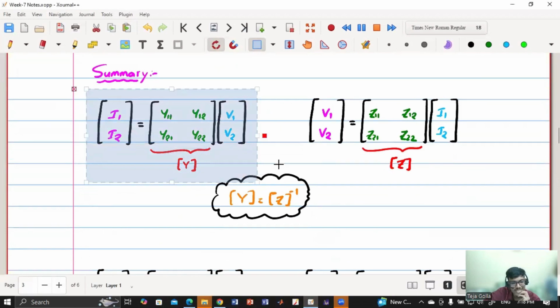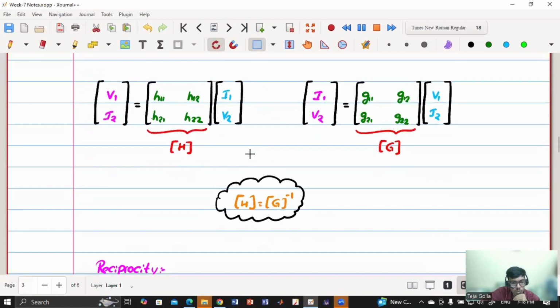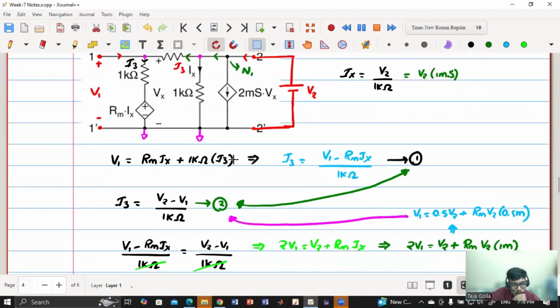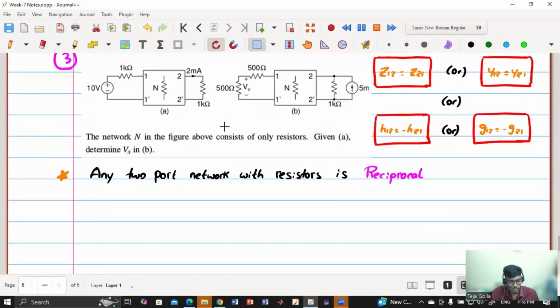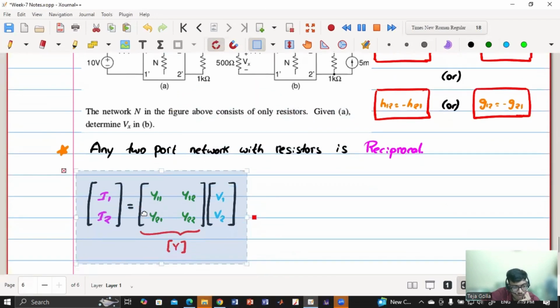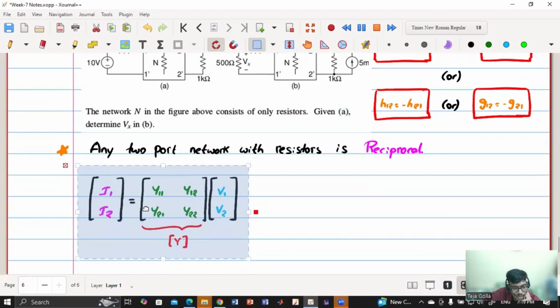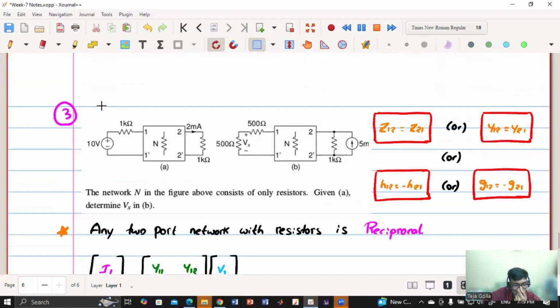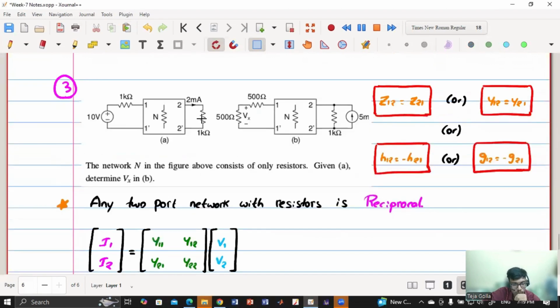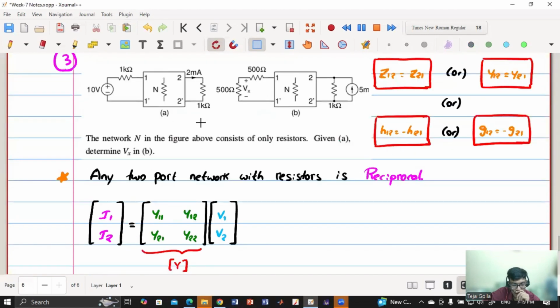In Y parameters, current is the output and voltage is the input, right? So maybe we have to reframe this problem, but this is our initial thought. If we consider this part, this is very clear. Now I'll try to reframe this diagram and write it in a way that we all can recognize.